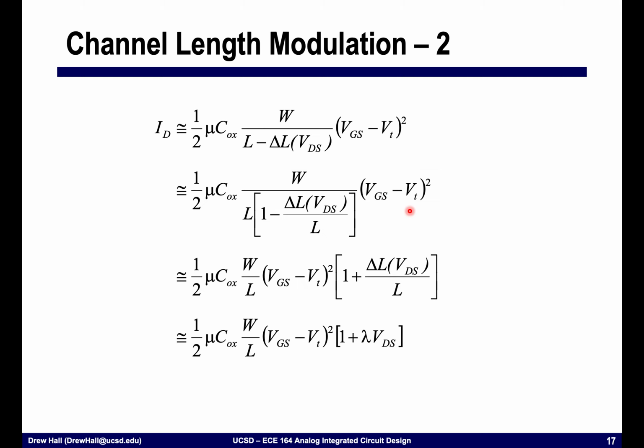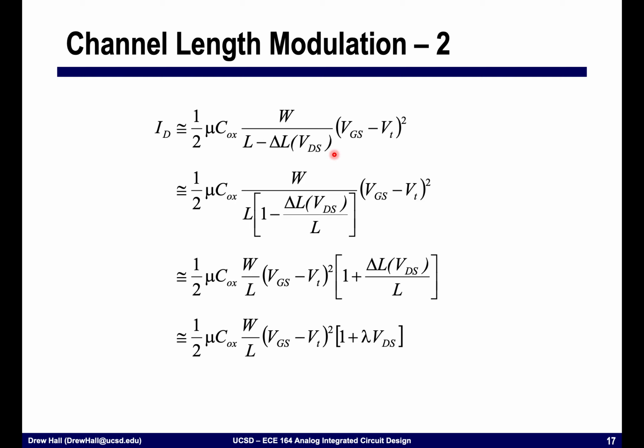And so if we were to put this into the equation that we derived, where the drain current was equal to 1/2 mu n Cox W over L times (VGS minus VT) squared, now I take my L as my effective length, where the effective length is L minus the delta L that's due to channel length modulation.